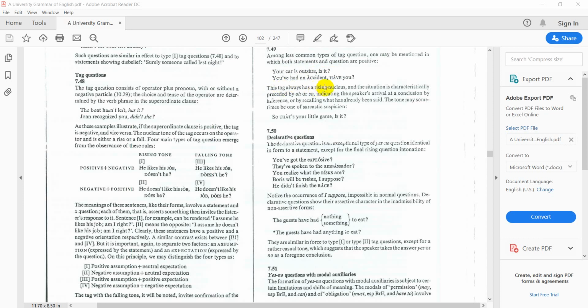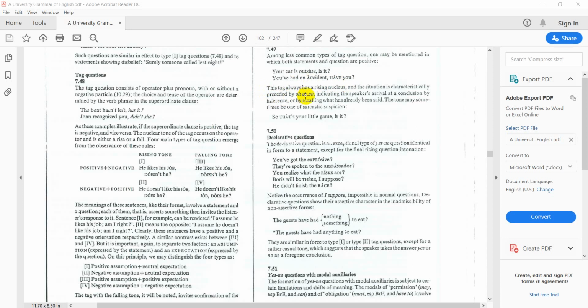You've had an accident, have you? If someone is entering in front of us, it's clear that that one has had an accident. So there is no way to deny. So we use the statement and the question in the positive condition. You've had an accident, have you?